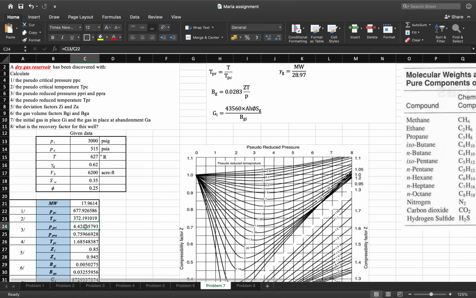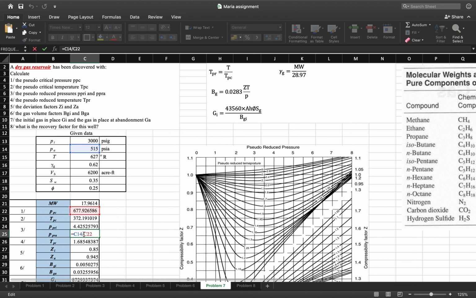Continue with the PR. The PR will be the initial pressure divided by the PC pressure. Okay, the same with the critical temperature. Continue with the PPR.